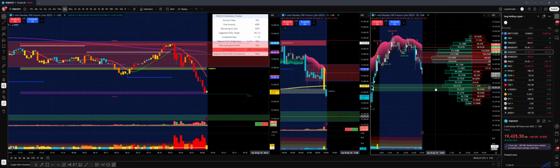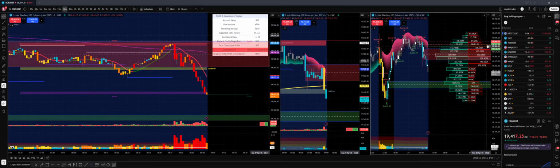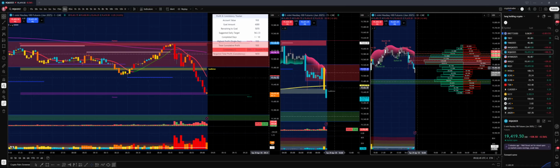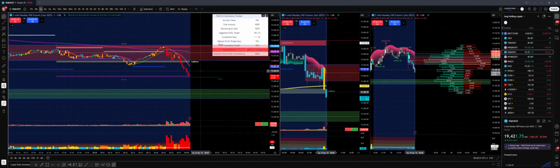I still believe we're going to probably tap into this fair value gap. Yeah, because down at the bottom, close to the top of this fair value gap is still good buying. So yes, we'll come into this range here, into this buy zone. And if you guys want to, you can always trade zone to zone if you really want to maximize profits.